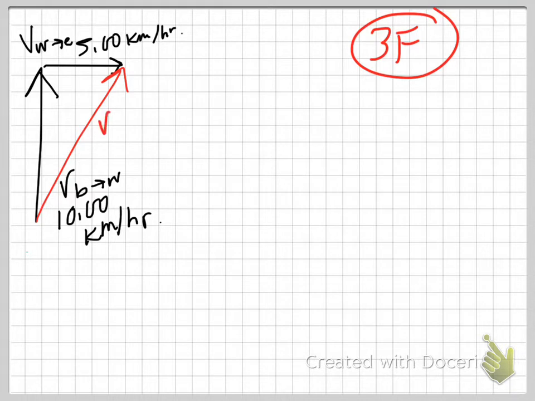here the velocity of the boat with regard to Earth is going to equal the algebraic resultant of the velocity of the boat with regards to water plus the velocity of the water with regards to Earth.